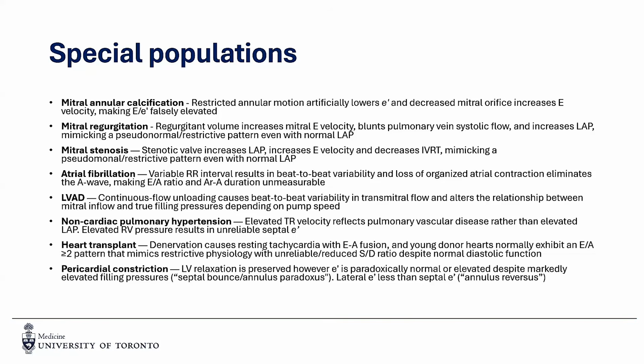In people with young donor hearts, they can actually have a normal ratio of E to A that's greater than 2, that mimics restrictive physiology that doesn't really represent what's going on in reality.